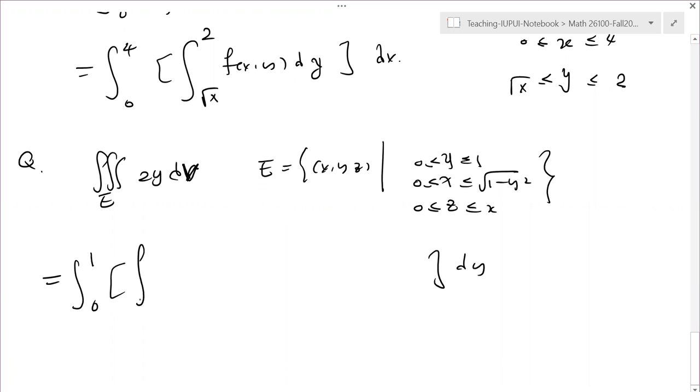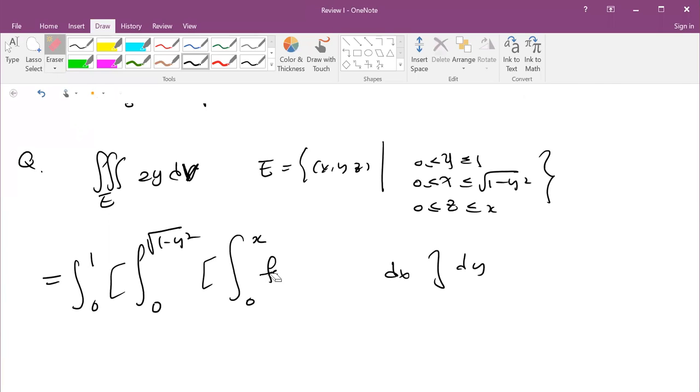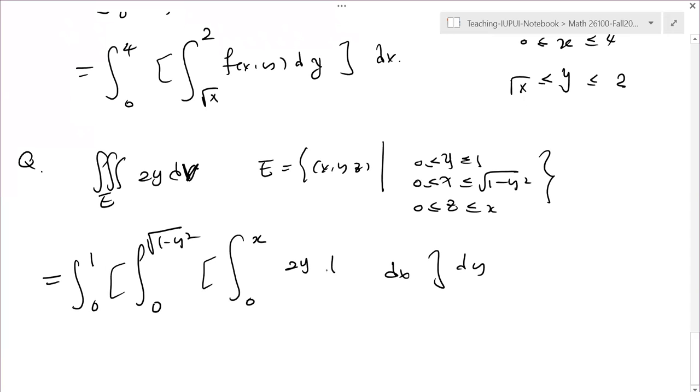And for each y variable, x is between 0 and this, and put dx here, right? Then for each x and y, z is between 0 and x. So this will be 2y dz. Okay, that's one way you can do it.